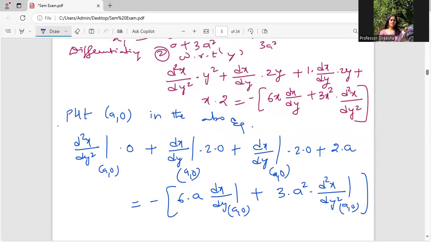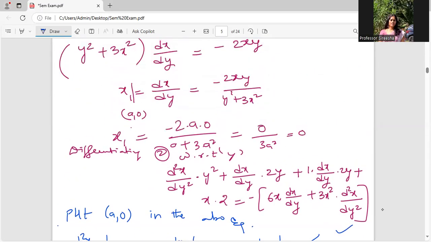Now, wherever there is a 0, that term vanishes off. This vanishes off, this vanishes off, this stays back. This also vanishes off because dx by dy at a comma 0 has turned out to be 0, right?